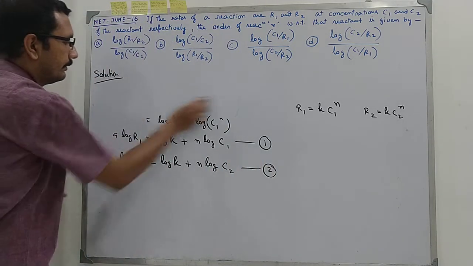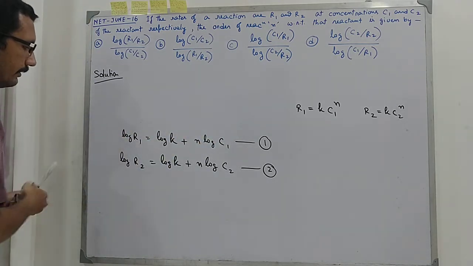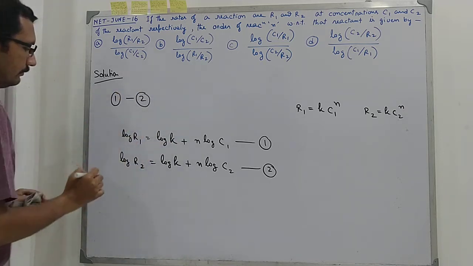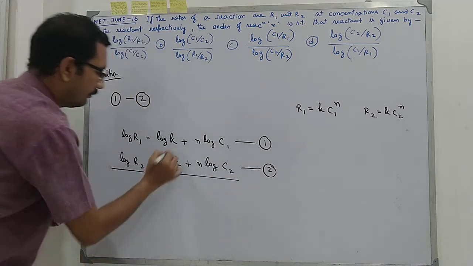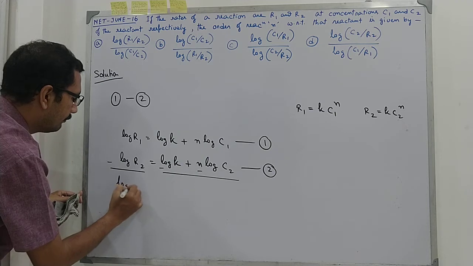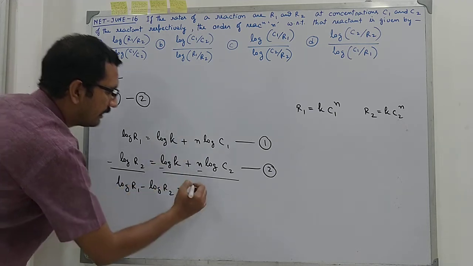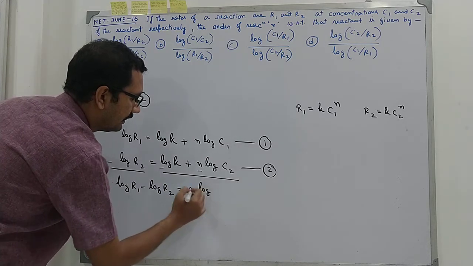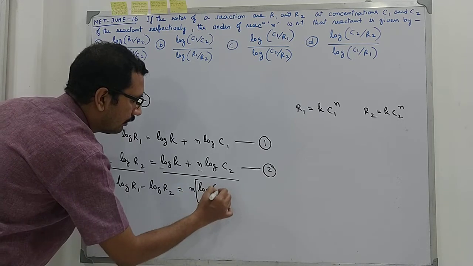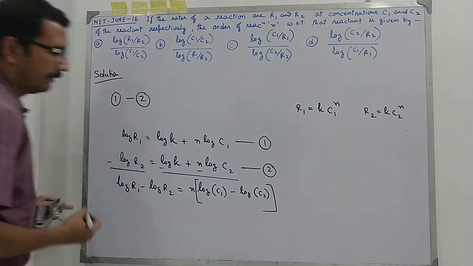Now let us subtract 2 from 1. So here log k cancels out, and we will get log R1 minus log R2 equals n, taking n common, log C1 minus log C2.